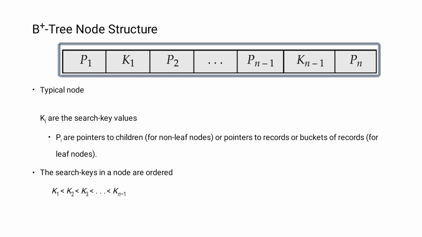This figure shows the structure of a B+Tree. It contains up to n-1 search key values, k1, k2 up to kn-1, and n pointers p1, p2 up to pn. The search key values within a node are kept in sorted order.